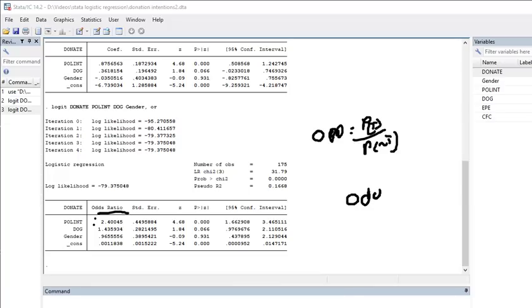Let's say we increased political interest by 1 unit, then we would expect the odds to be multiplied by this factor right here to produce the odds at 1 unit above the mean on political interest. So the odds ratio is reflecting the changes in odds for every increment on the predictor variable. So that's the way to think about that.